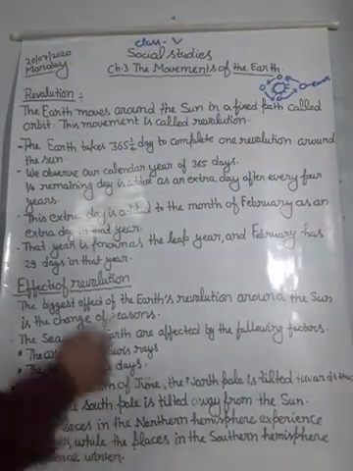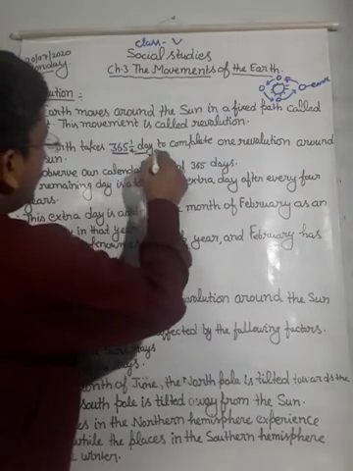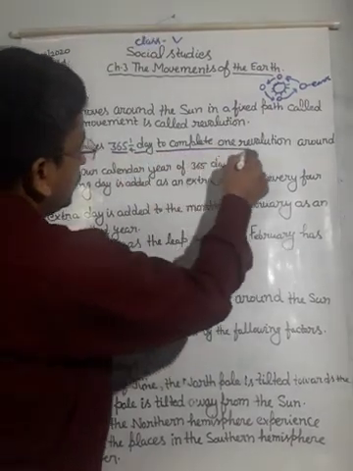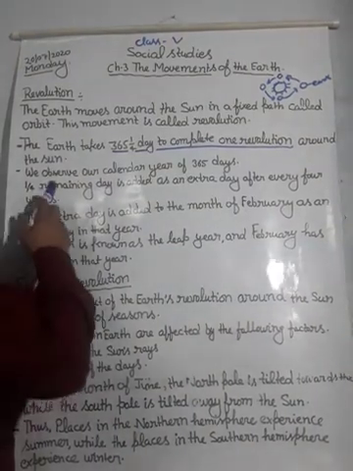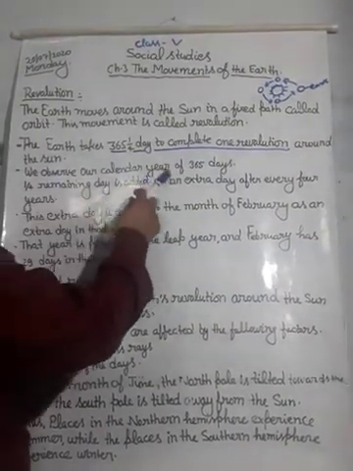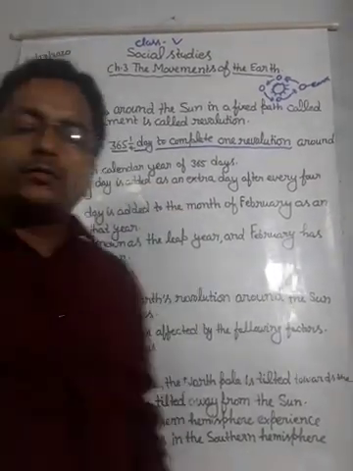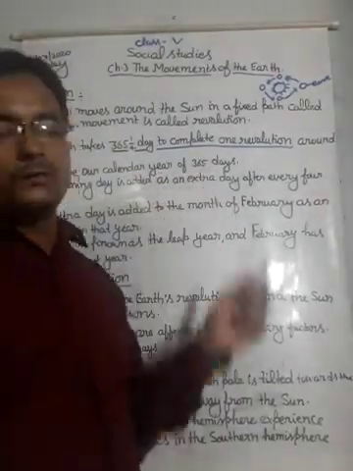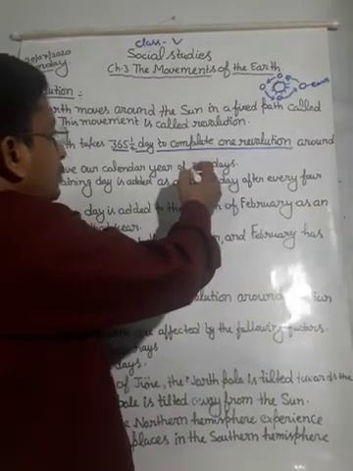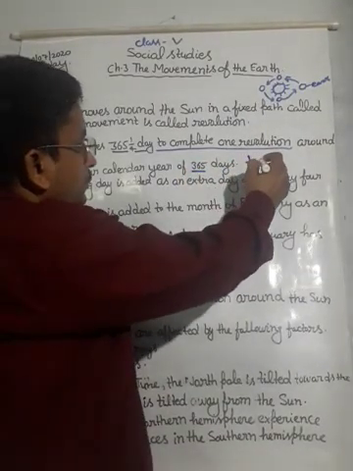So one revolution means about 365 days. So we observe our calendar year of 365 days. So what about the 1/4 day?